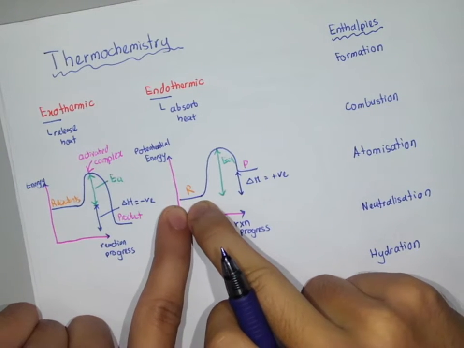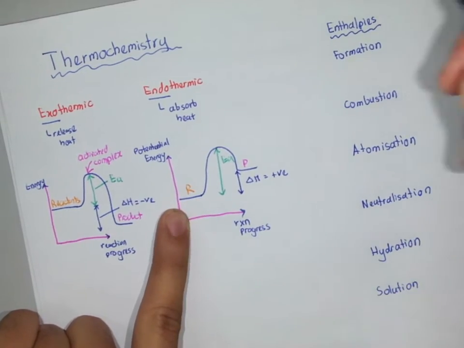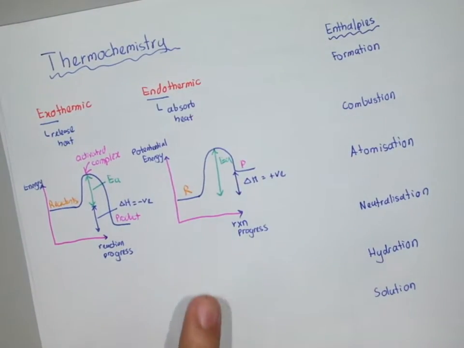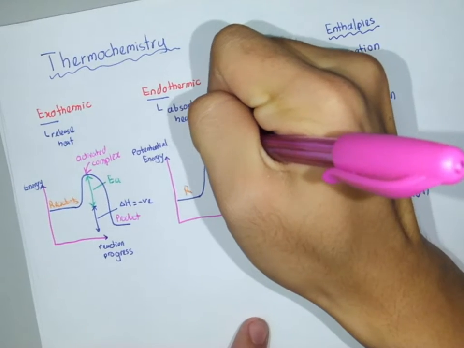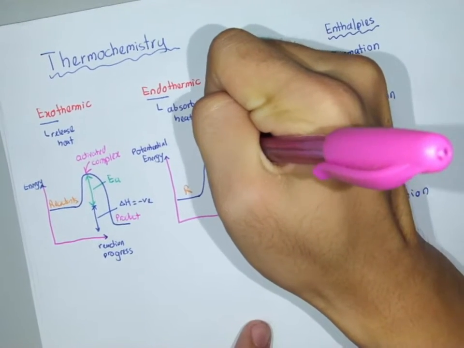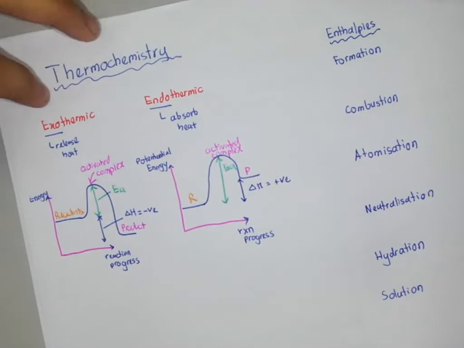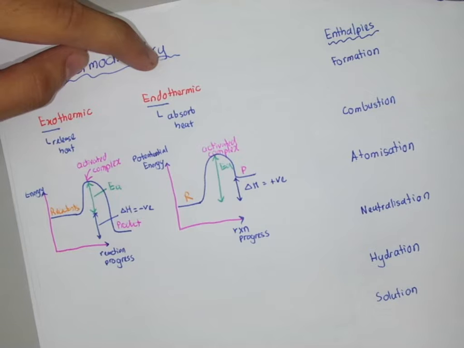The energy of the product is higher than the energy of reactant, and we have activated complex. So this is exo and endothermic punya reaction lah.